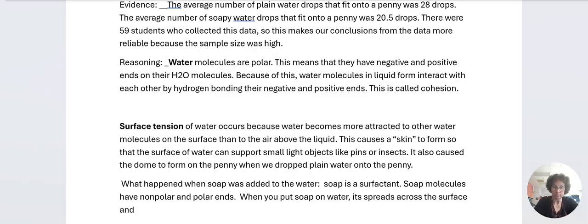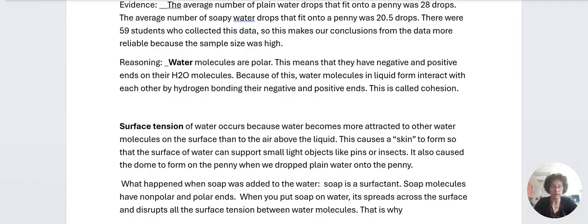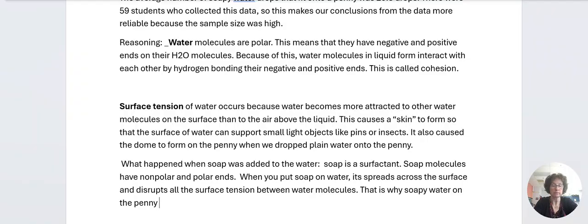And what's the best word to use? Disrupts all the surface tension between water molecules. There. That is why soapy water on the penny did not form a dome.